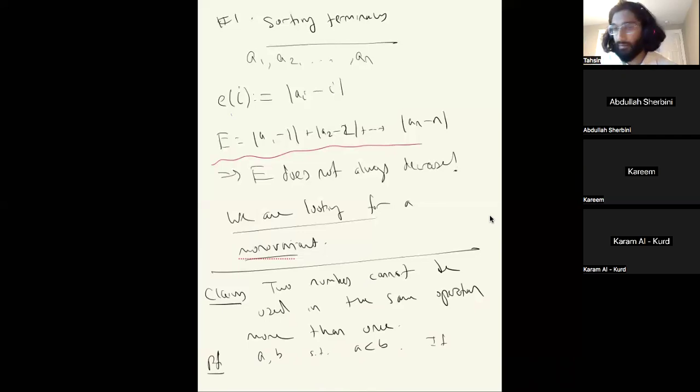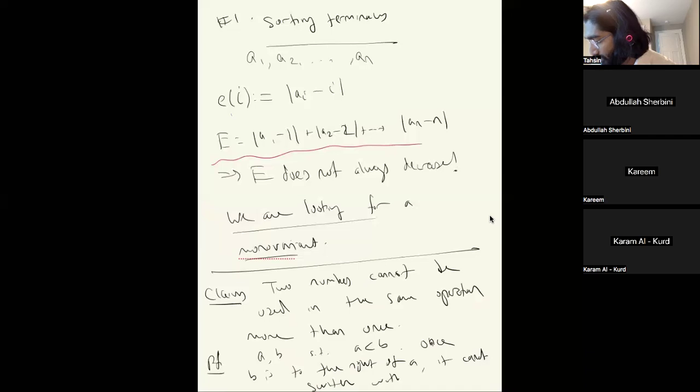If B is bigger, right? So once B is to the right, it can't go to the left, right? Yes. Okay, good.